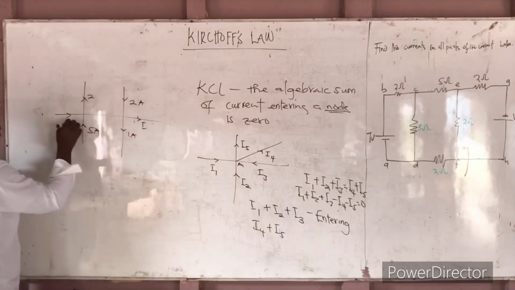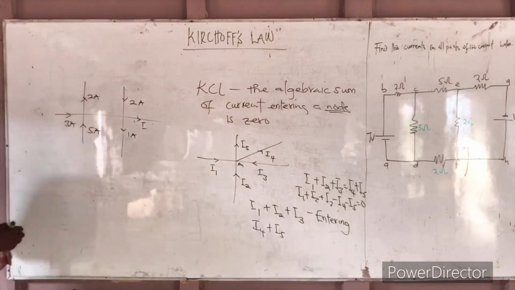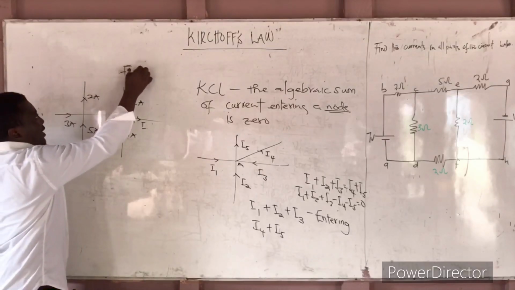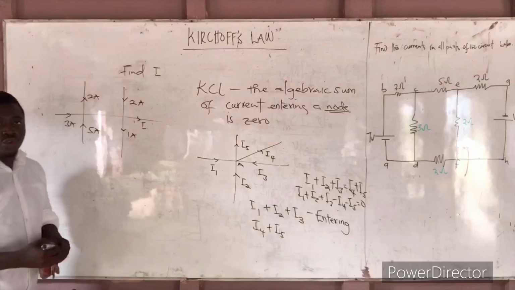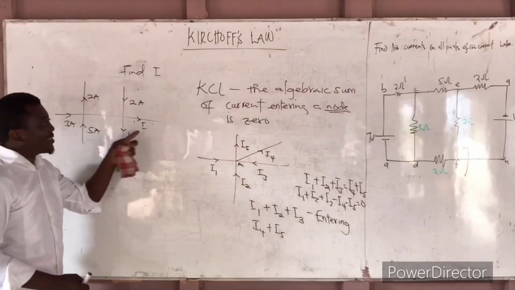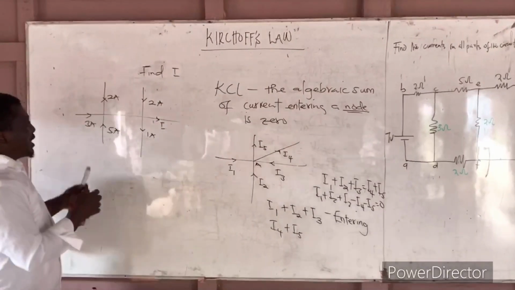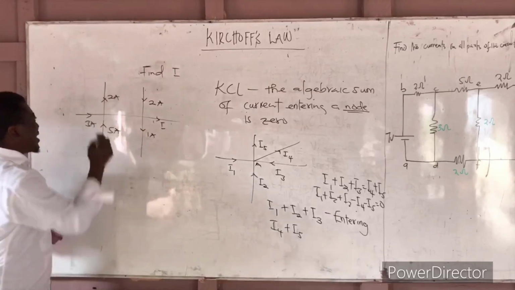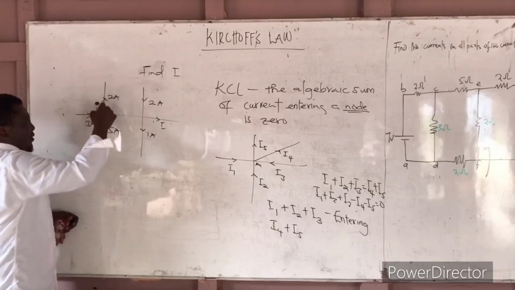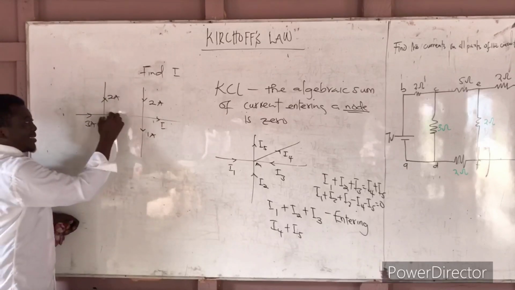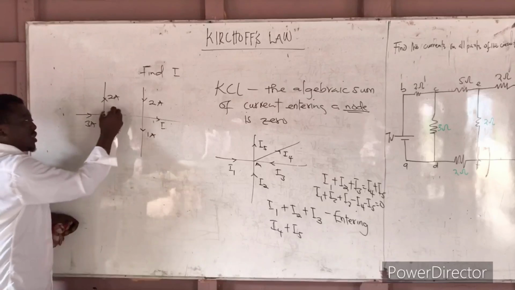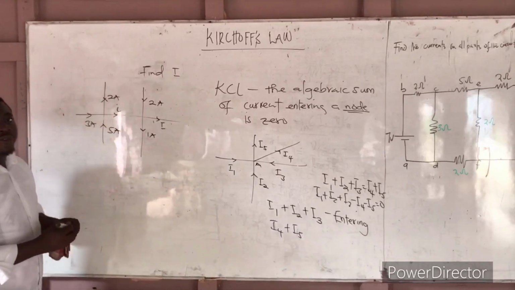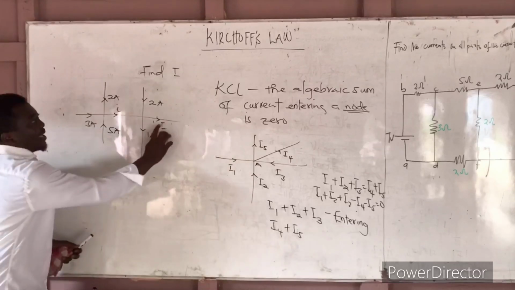The question will ask you to find I. How are you going to find this I? First, you must know that we are talking of a node here. On this node, you can see that this is entering, this is leaving, this is entering. But there should be something happening to this one, so this one too will be leaving. So you introduce a small i, and you first find the small i before you can get the big I that the question wants you to find.